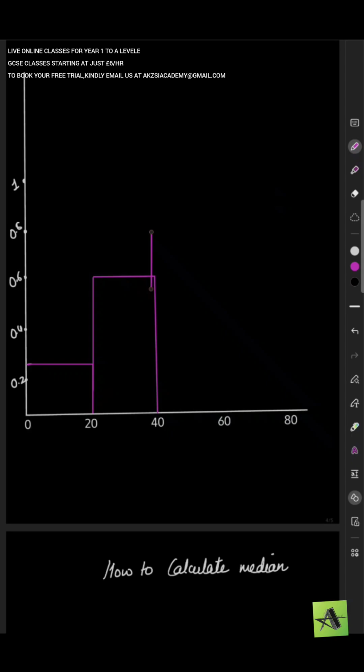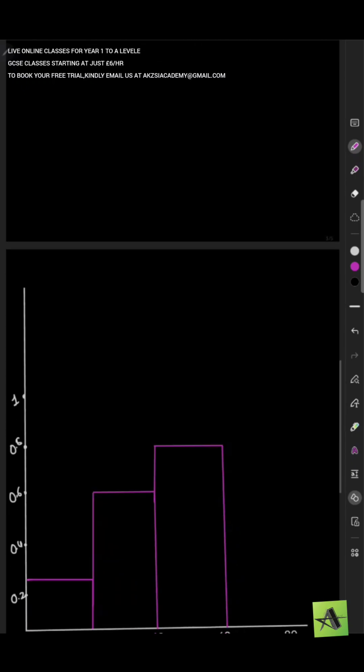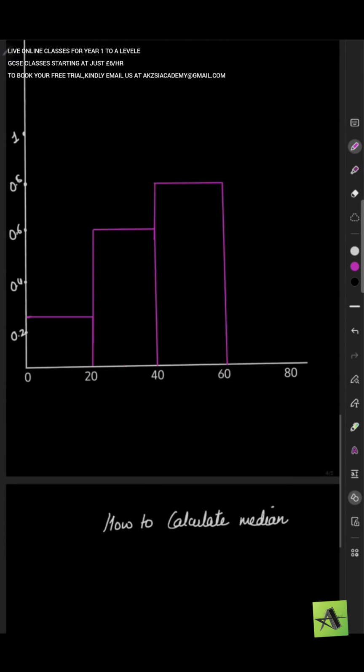And it's till 60, and from 60 to 80 is 0.45, a little bit above 0.4. And that's your histogram. All bars are adjacently connected with each other. I know they are a little bit tilted, but you have to draw vertical rectangles.